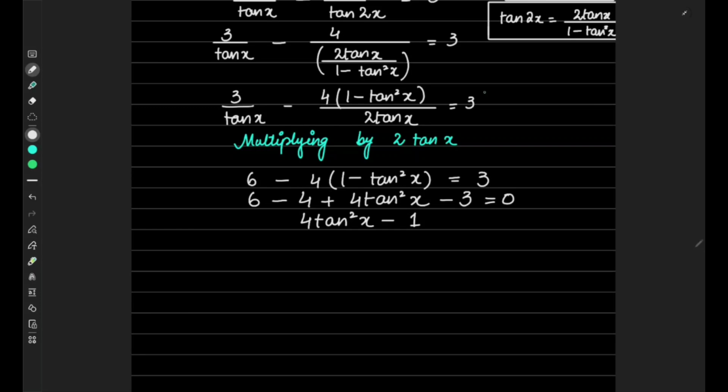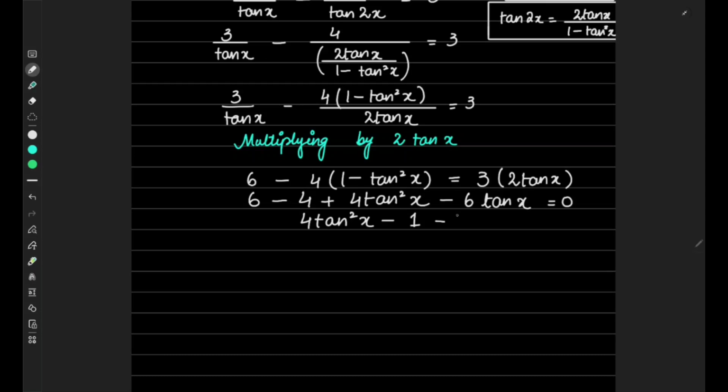One second, when we multiplied with 2 tan x, we also multiplied the 3 on the right with 2 tan x, so this will also become 2 times tan x, giving minus 6 tan x equals 0.